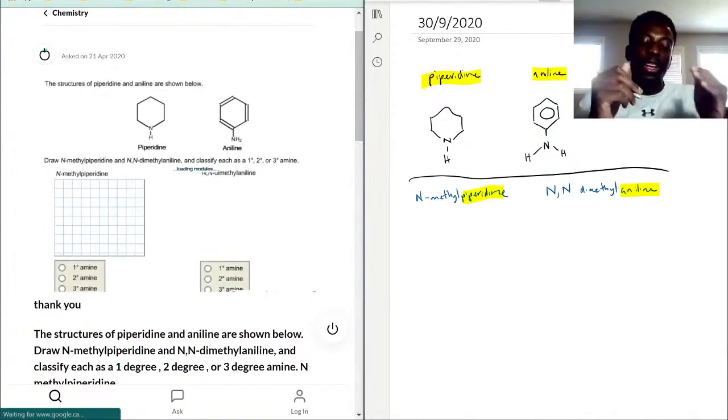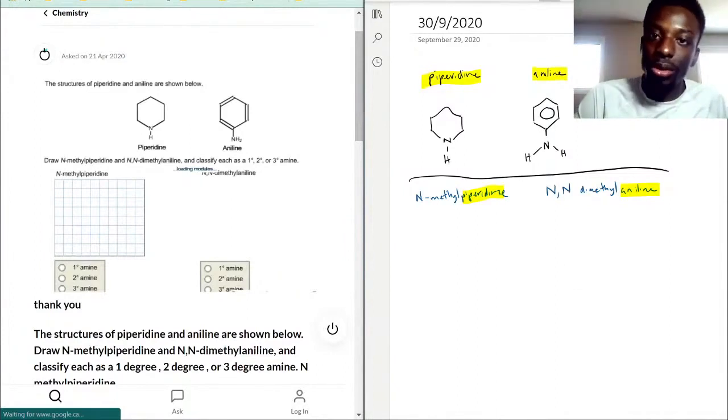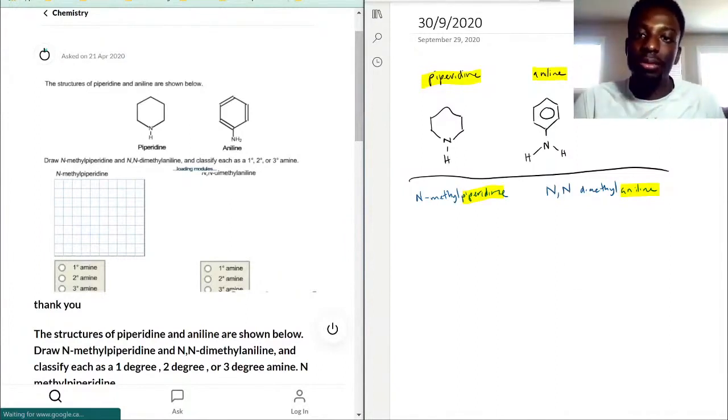Because it says N, we know it's going to be on the nitrogen, meaning that the nitrogen gets rid of a hydrogen and gets replaced by a functional group.